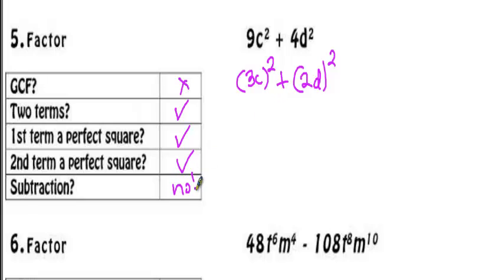Well, no. So, therefore, we cannot use difference of two squares. Now, since we don't have a GCF and we cannot apply DOS, there's no way for us to factor 9c squared plus 4d squared. Therefore, this is a prime polynomial.